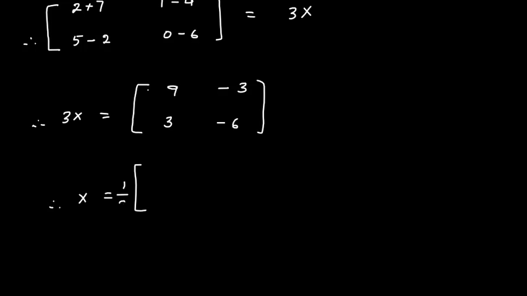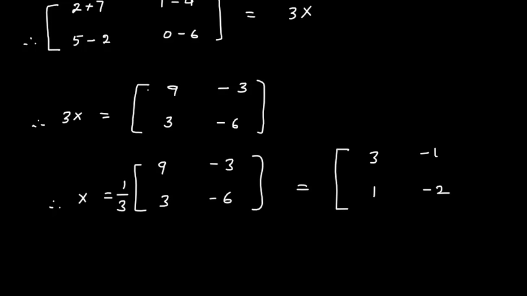We will say it is 1 upon 3 into [9 -3; 3 -6]. Now divide each term by 3. So 9 upon 3 will give you 3, minus 3 upon 3 will give you minus 1, 3 upon 3 is 1, and minus 6 upon 3 is minus 2. So this is your result, x is equal to [3 -1; 1 -2].